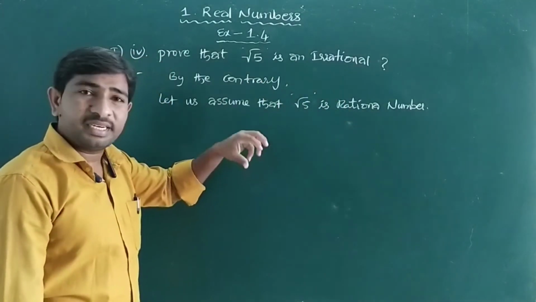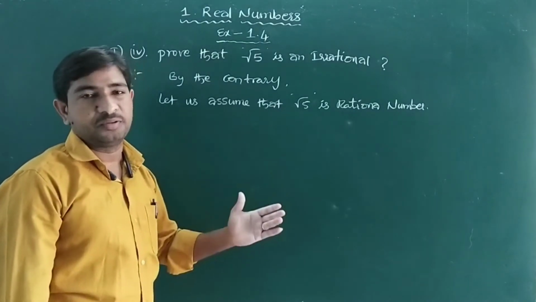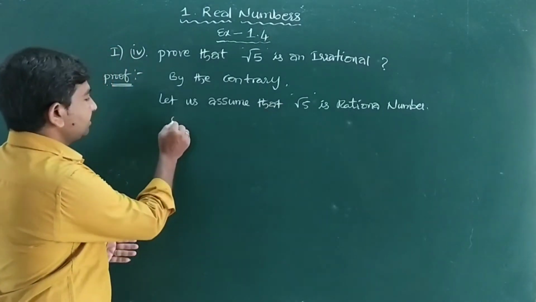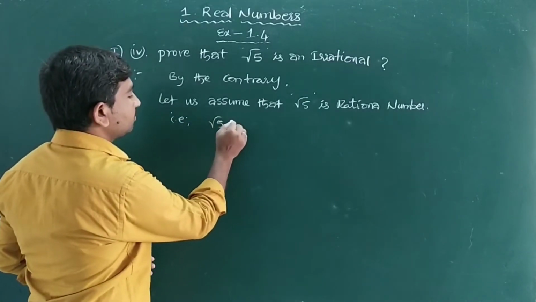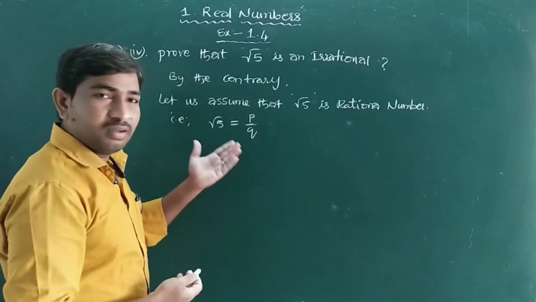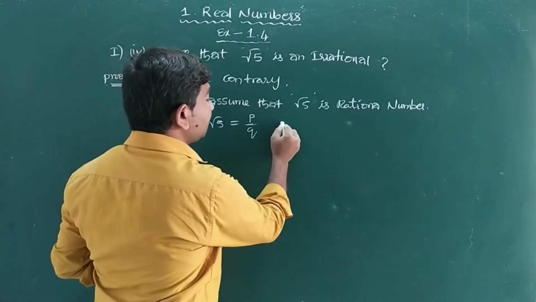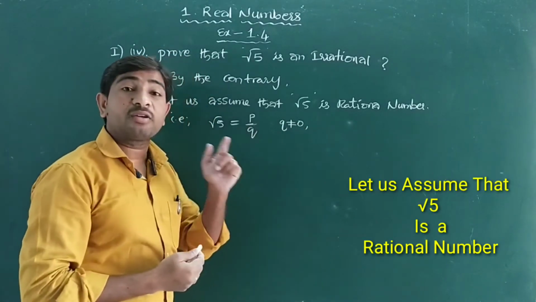According to the definition of a rational number, it must be in the form p by q. So root 5 is equal to p by q, where q is not equal to 0 and p, q are co-primes.